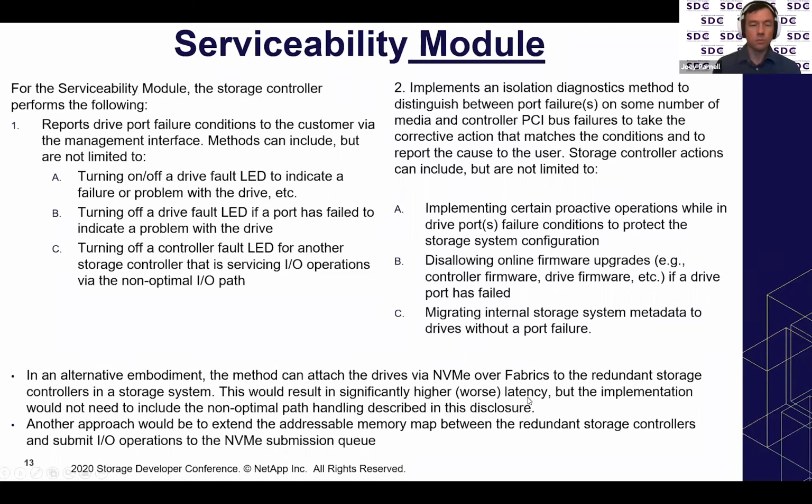Another way to achieve the same thing would be to use NVMe over fabrics to provide this redundancy, basically using the storage controller as an initiator and a target in an NVMe over fabrics kind of topology.